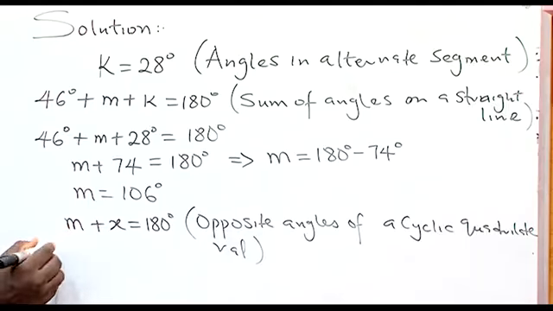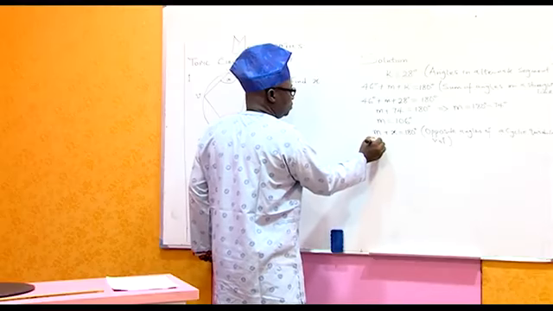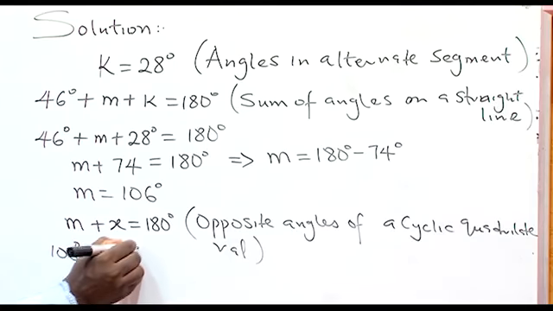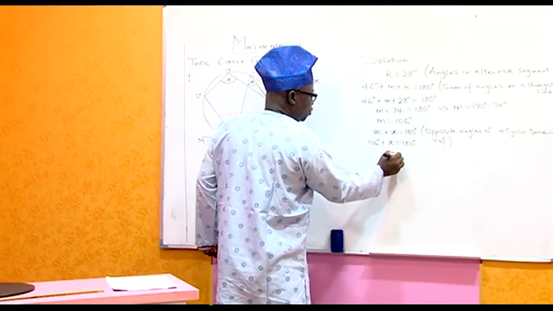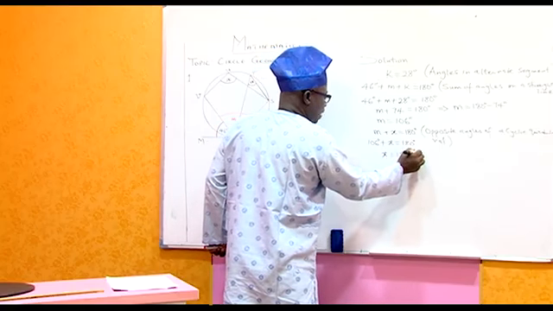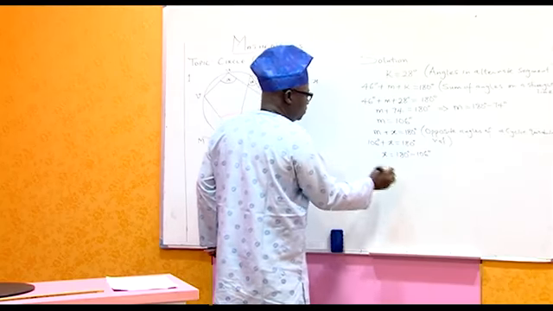So our M is 106. Then we are looking for x. So we make x the subject. X will be 180 minus 106.